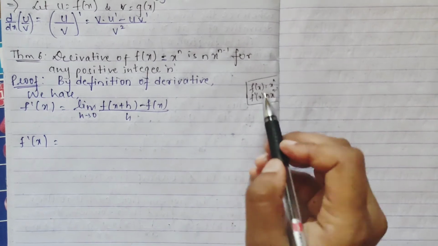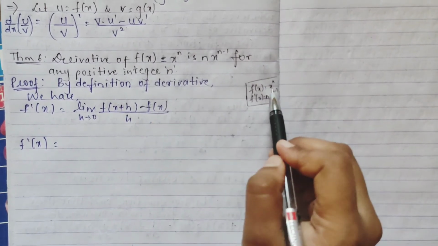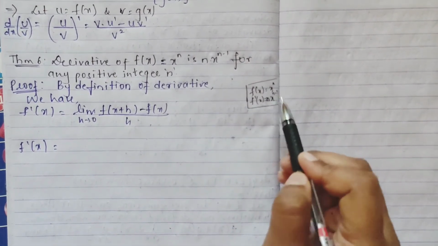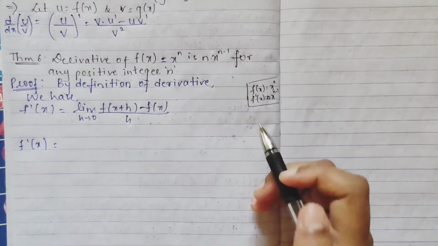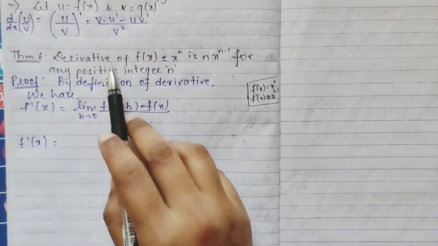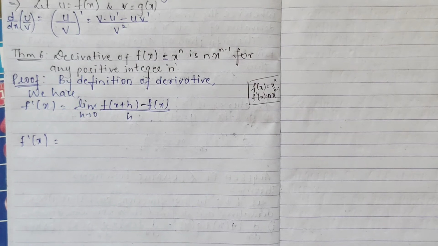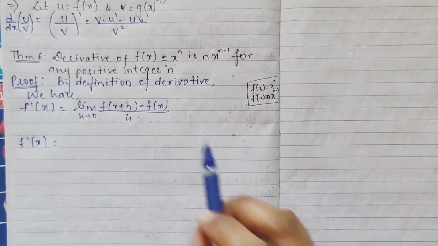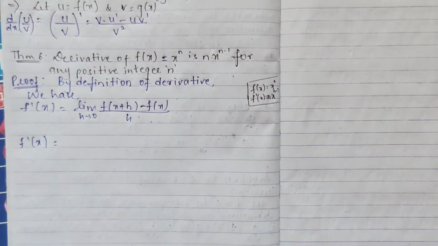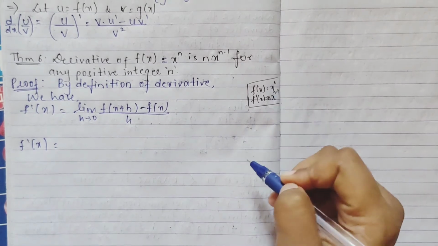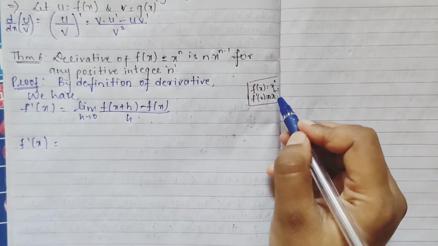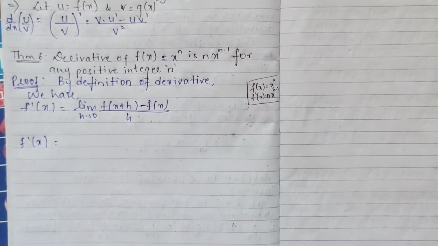This means the derivative of x raised to n is n x raised to n minus 1 for any positive integer n, it should be positive. Even if it is minus n, it becomes minus n x raised to minus n plus 1.